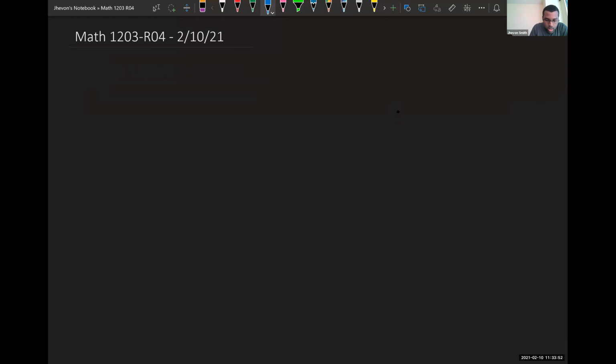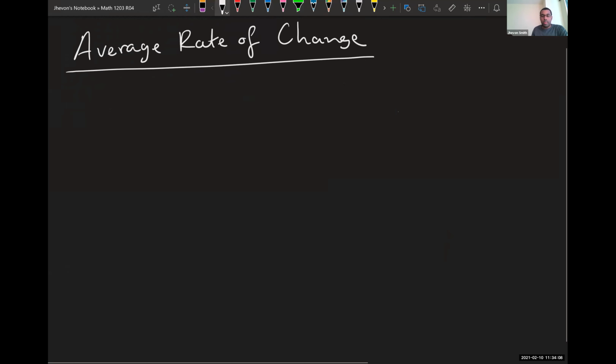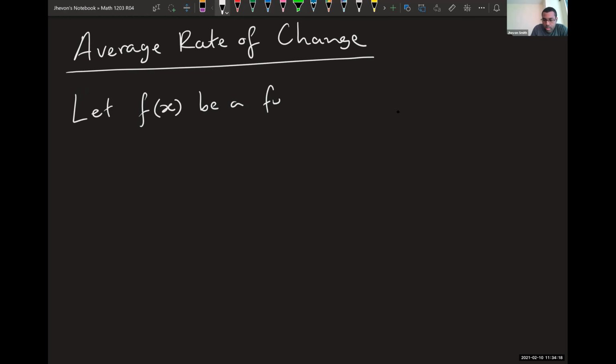And this is called average rate of change. Okay, so let f of x be a function defined on, at least, could be more, AB.